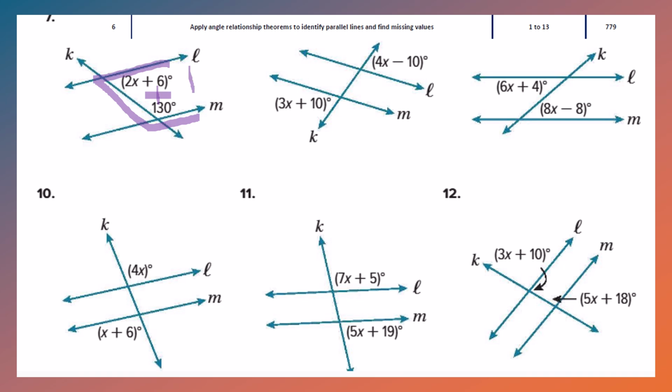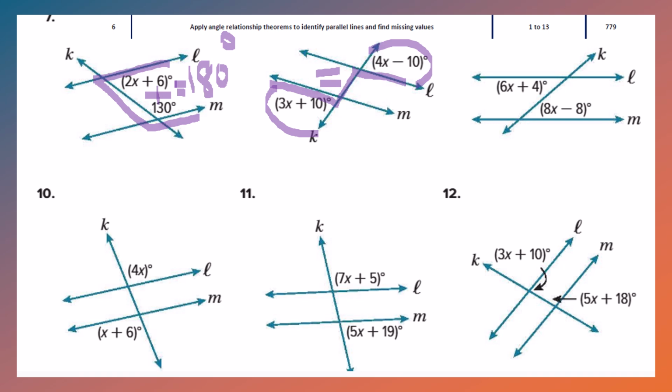If they are equal to 180 degrees, then we can safely say that the line L is parallel to line M. Similarly here, we have alternate exterior angles. These angles need to be equal to each other. If they are, then the line L is parallel to line M.